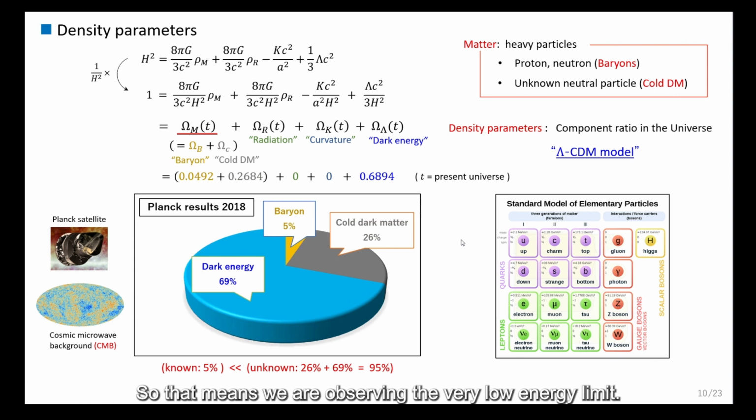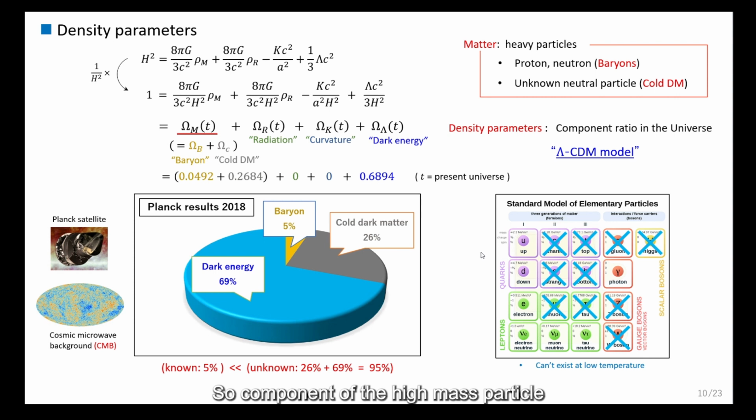That means we are observing the very low energy limit. So components of the high mass particles can be excluded from this. Also, this radiation part is almost zero.